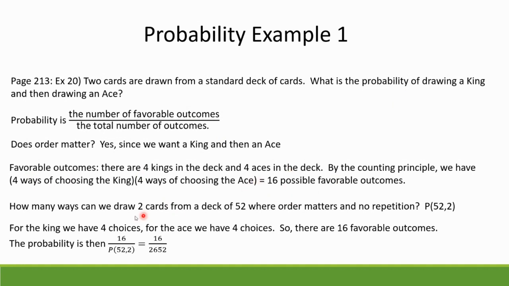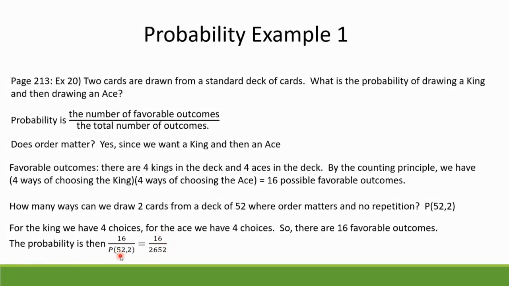All right, that's good. Now, how many ways can we draw 2 cards though, where order does matter, and there's no repetition? Well, as we said already, that's permutations. So that's this. So the probability then would be 16 divided by this, which turns out to be this here.